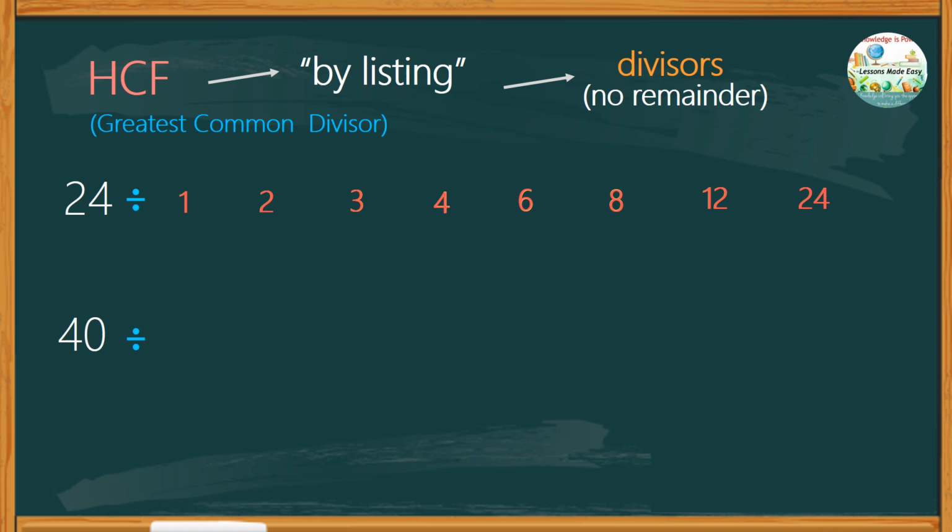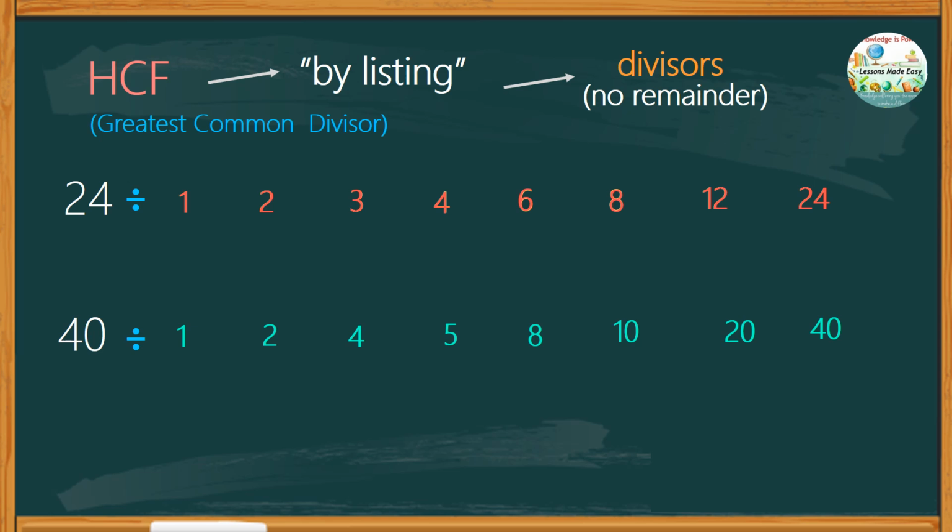This time, list down the divisors or factors of 40. Of course, 40 can be divided by 1 and 2. However, it can't be divided exactly by 3. But 4 and 5 are fine, as well as 8, 10, 20, and 40 itself. These are the only numbers that can be used to divide 40 without a remainder.